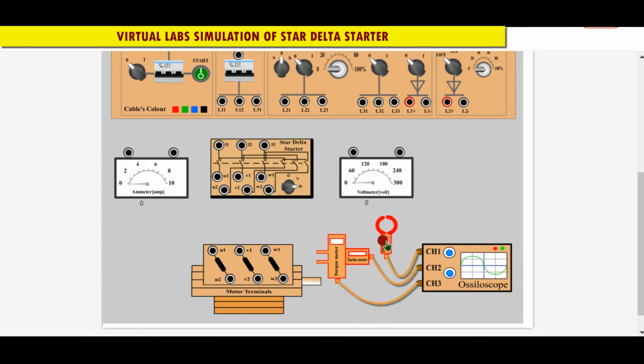So first of all, connect this non-contact ammeter to terminal L11.